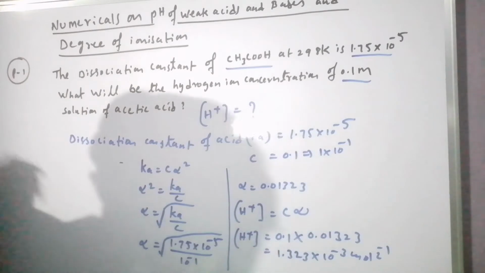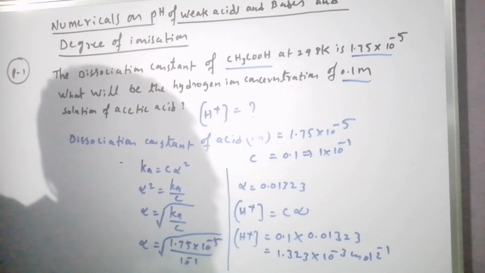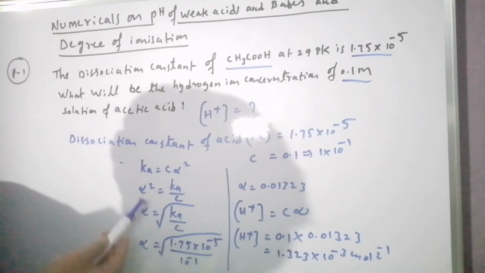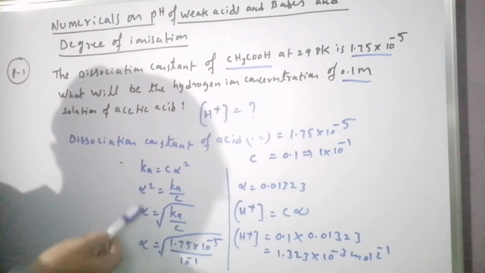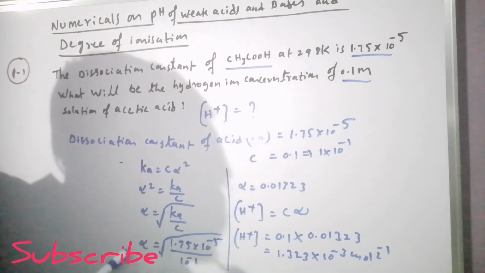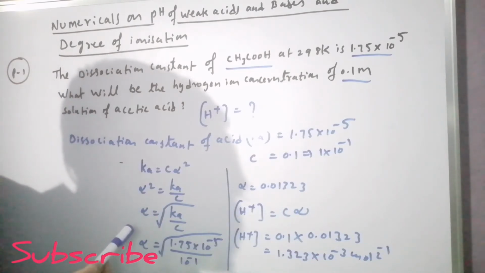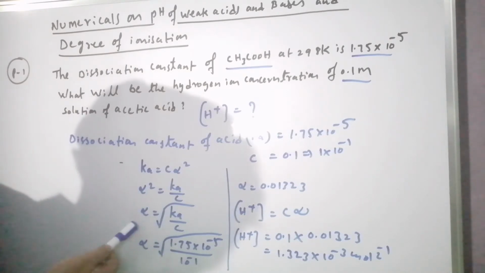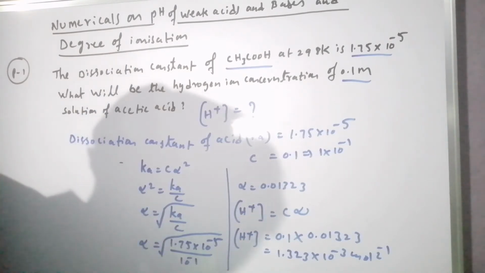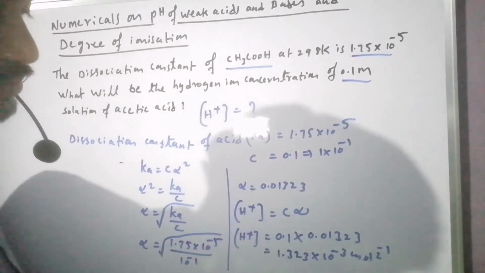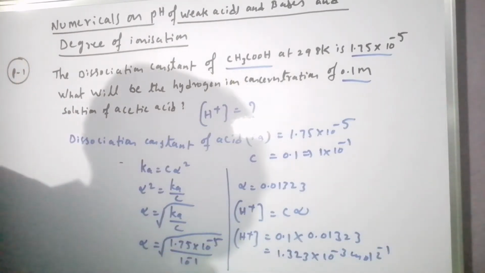Concentration means molarity. By using the data, first of all we should find out alpha. Ka is equal to C alpha square. Already in a previous class I said the formulas. That's why alpha is equal to root of Ka by C. Alpha value is coming. By using alpha value, hydrogen ion concentration can be calculated.